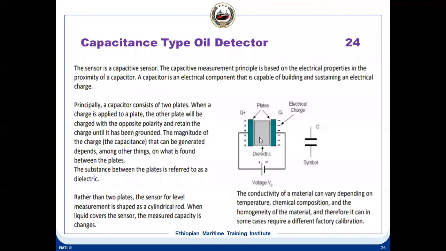So whenever the dielectric changes, the capacitance value will change and it gives an alarm. So this is a capacitance type level probe which is used on the OWS. This will check the level of the oil on the top on the first stage.